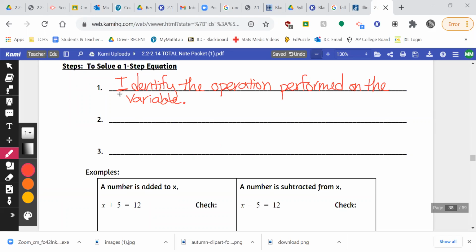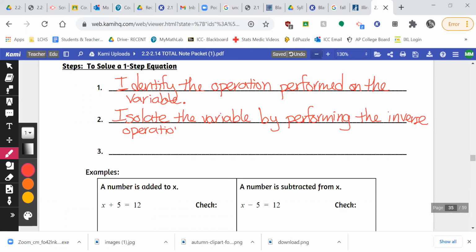The second step is to isolate the variable by performing the inverse, which you can also think of as the opposite operation, to both sides of the equation.